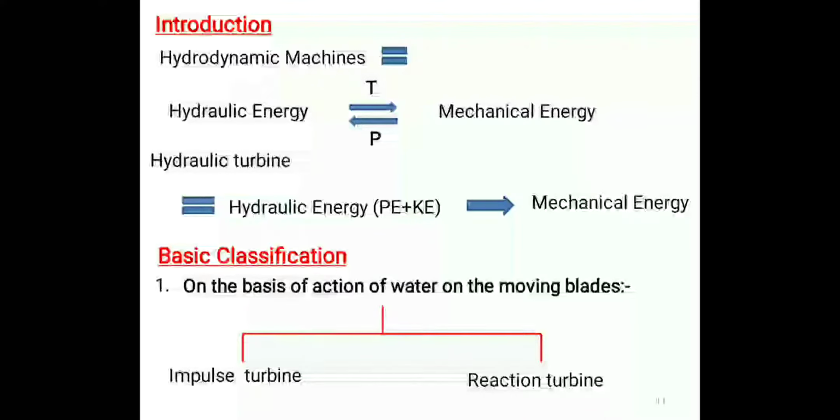Now we will see the classification of the turbines on different bases. First, on the basis of action of water and on the moving blades. These are classified in impulse turbine and reaction turbine.